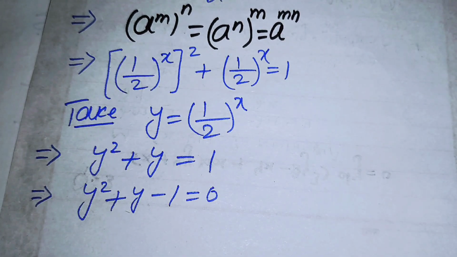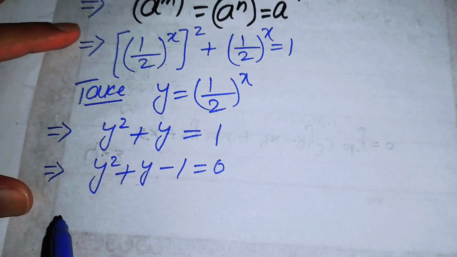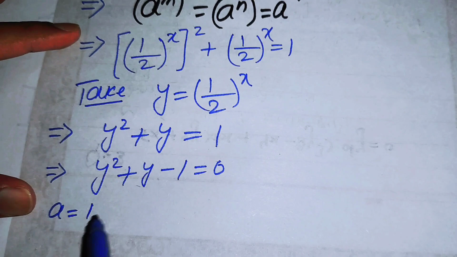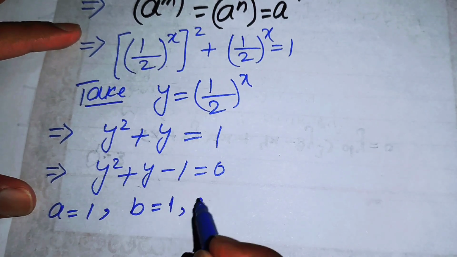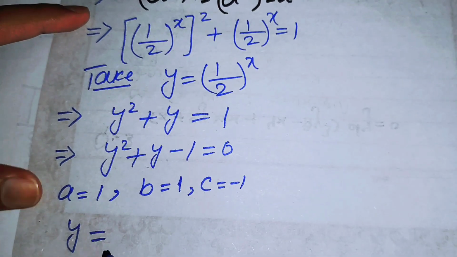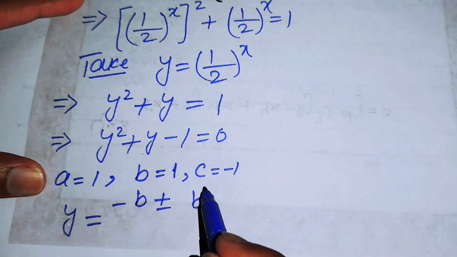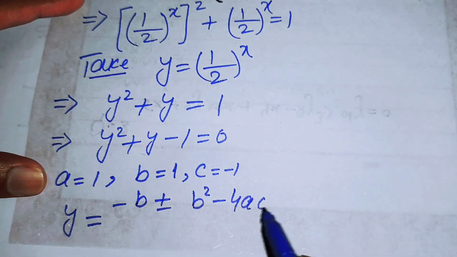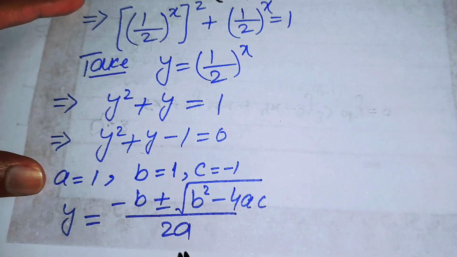And now we can solve this quadratic equation by using the quadratic formula, and here you have the value of a is 1 and b is 1 and c is minus 1, and you know about the quadratic formula, which is minus b plus minus square root of b square minus 4ac over 2 times a.